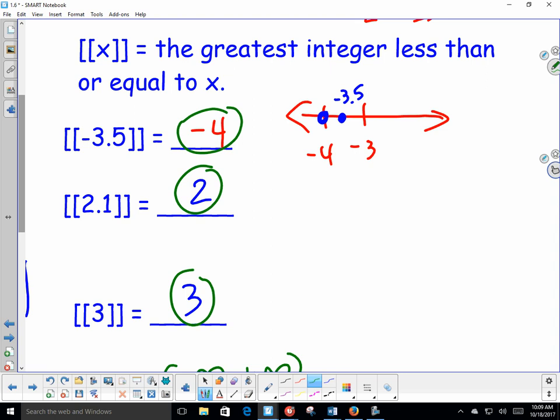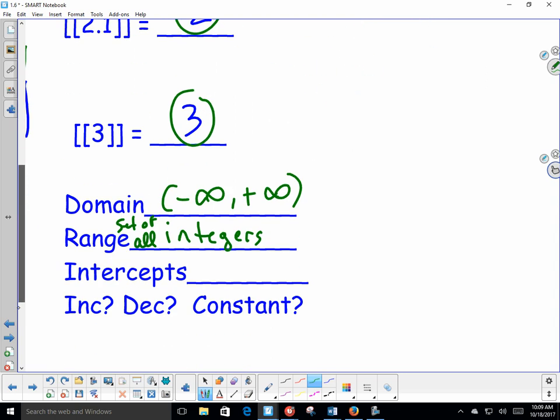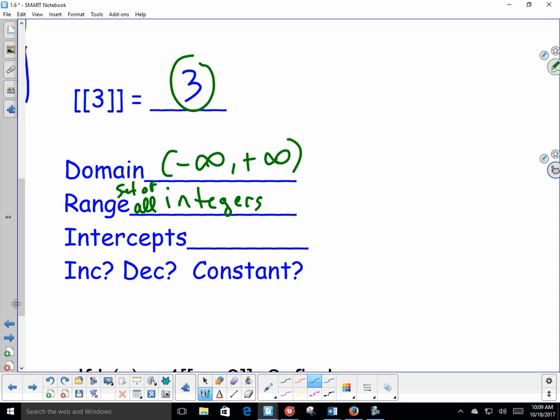All right, so what else are we asked here? What are the intercepts? I kind of like the way the book answers this question. Let's take a look at page 69 in your book. It says the graph of the greatest integer function has the following characteristics, as shown in figure 1.72.